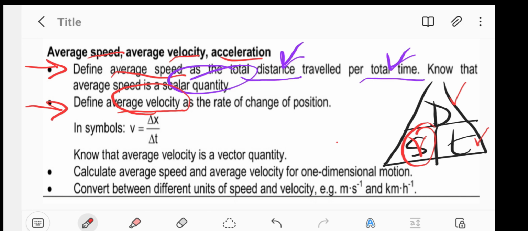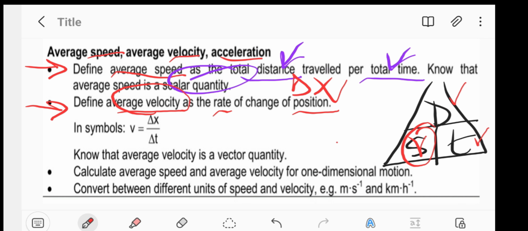They will say define the term average velocity. You will hear the concept of rate there, which is a very important concept in physics. They say average velocity is the rate of change of position. Do you remember position? We said it is delta x when we were talking about displacement.